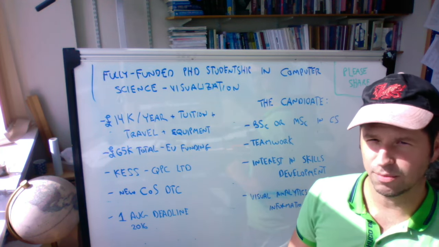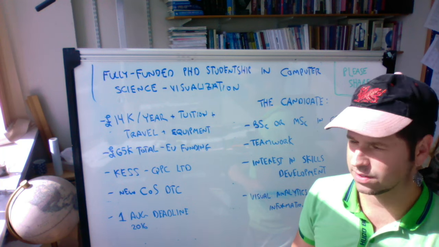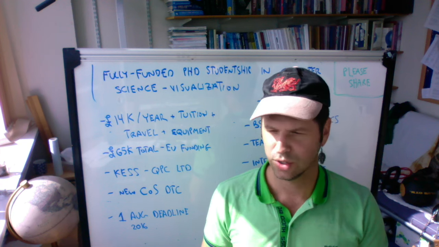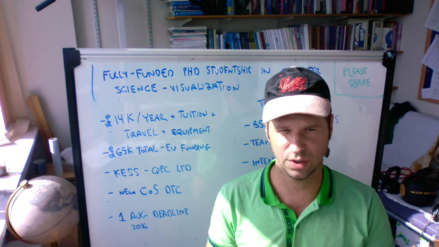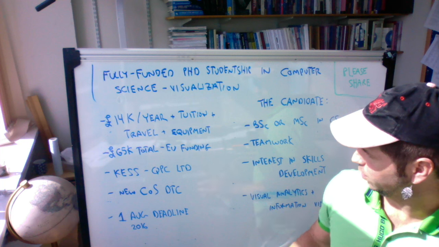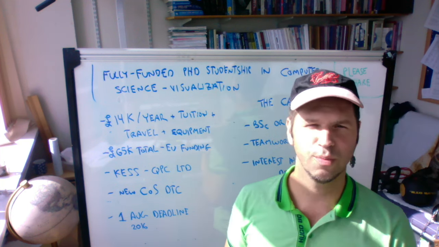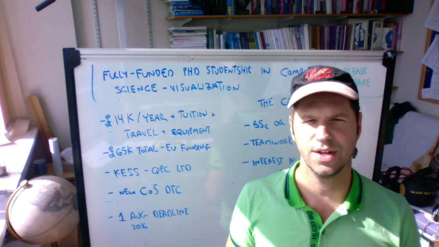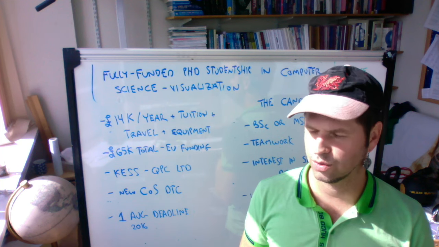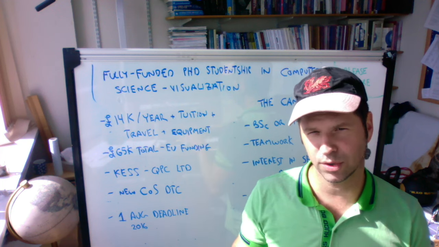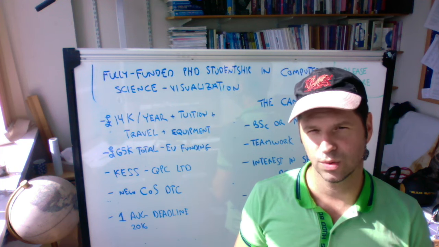There's a link to that, more about that on my webpage, still in development, but it's also open to all Swansea University PhD students. The application deadline is currently the 1st of August, so we're hoping that the student will start on October 1st, 2016. And a link to the application is below this video.